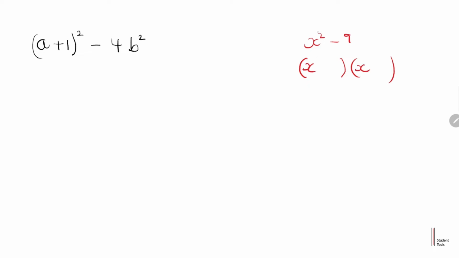Because it's the square root of x squared. And then here we have the square root of 9, which is a 3, and also here a 3. Here we'll have a plus, and here we'll have a minus. That is just how we factorize a difference of two squares: a square root of this and a square root of that, plus and minus over there.